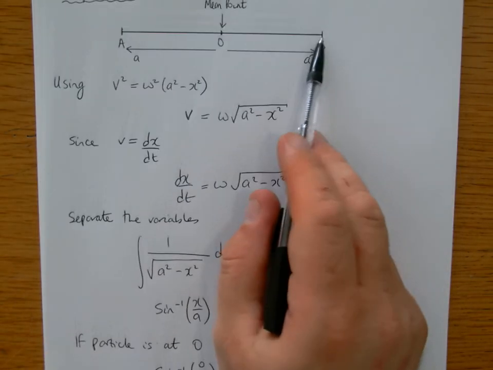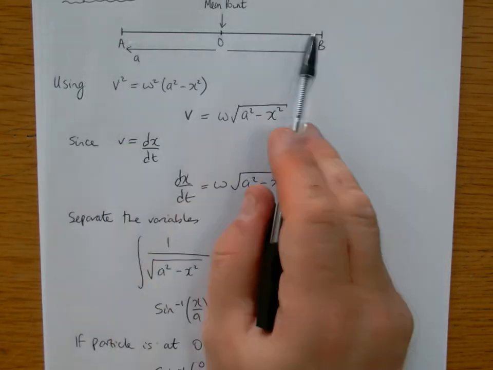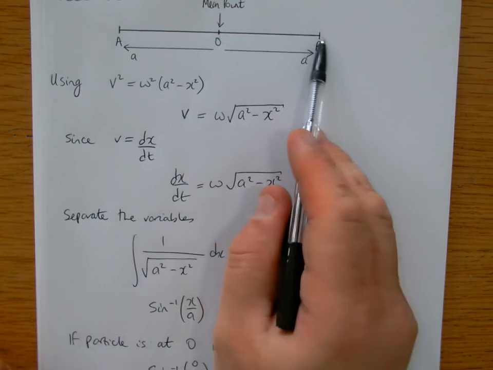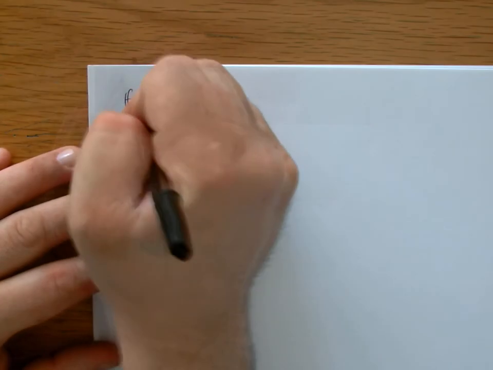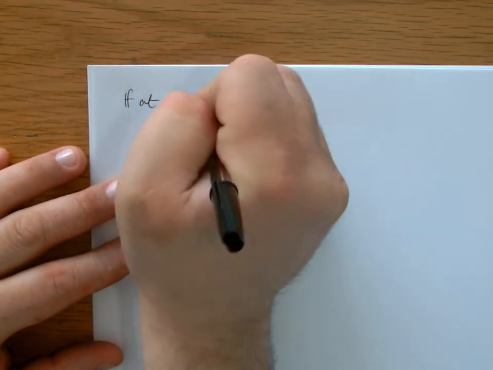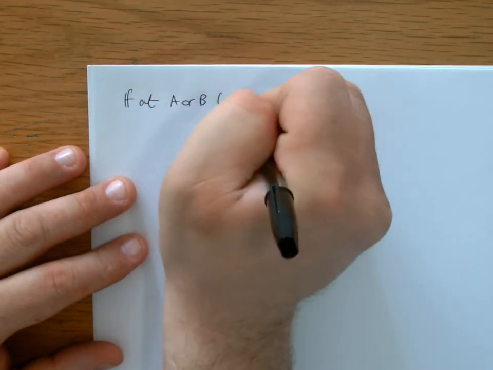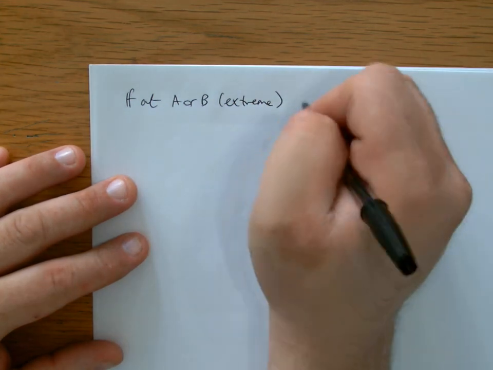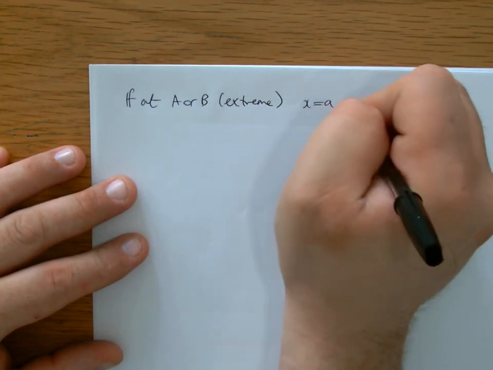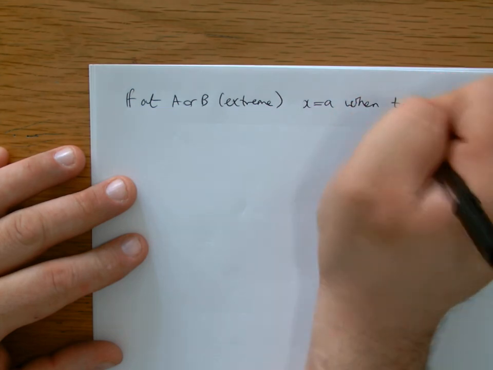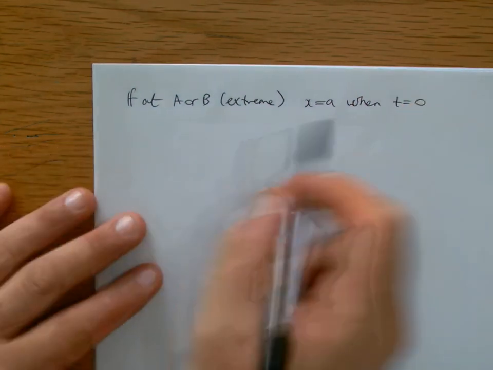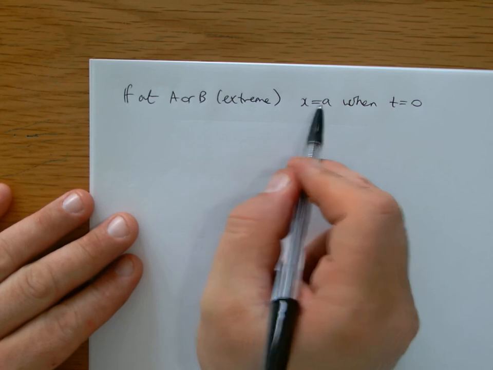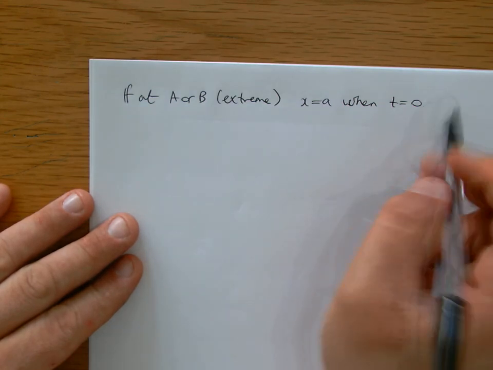If you think about it, if it was there, or here, x would equal a, wouldn't it? So we could say, if at a or b, i.e. the extreme point, then x would equal a at the start when t equals 0. So let's consider the initial condition so that it's at the extreme point: x is equal to a when t is equal to 0.